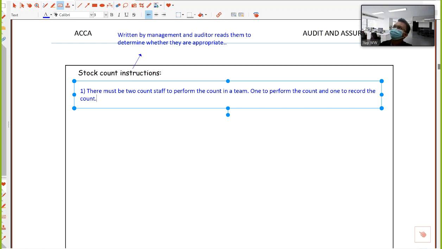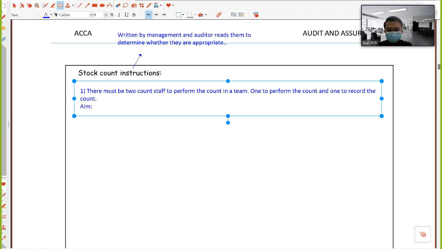Is that one 15 or 10? Never mind lah, only one person, no one will know. I don't even go up and count, I just simply write out the quantity, no one will know. That's the problem. That's why we need two staff. You must know the objective of doing this. The objective of doing this is to reduce human error.